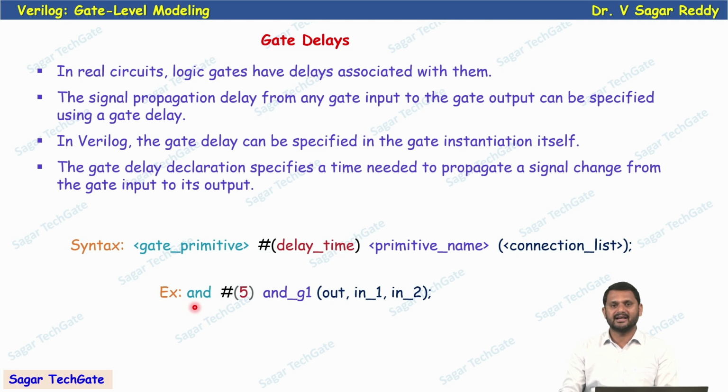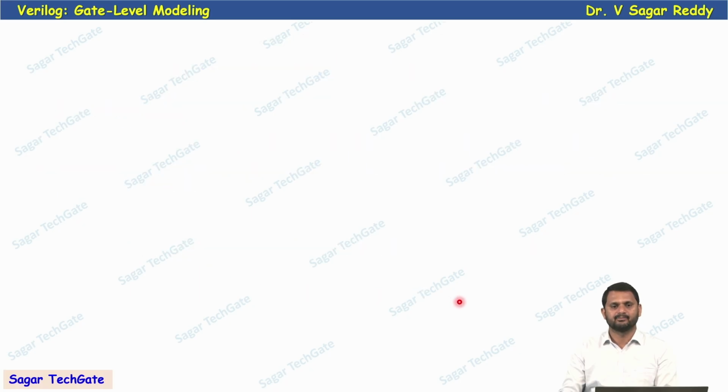An AND gate. How much delay does it have? 5 time units. This is the instance name, and_gate1, having one output, in1 and in2. This is a simple example. While instantiating this AND gate, I specify how much delay it has.